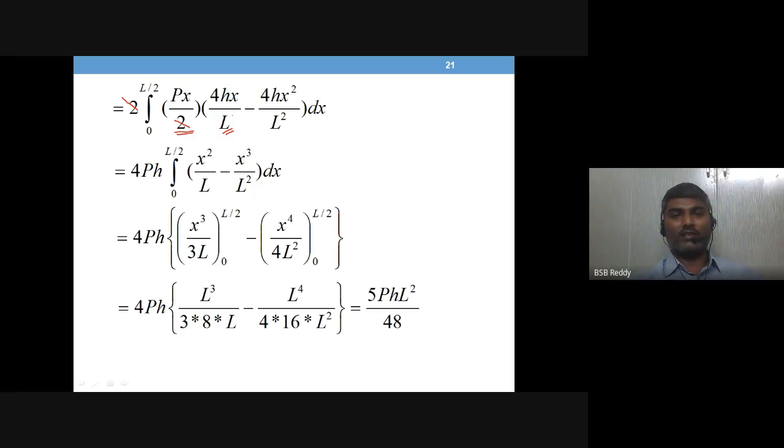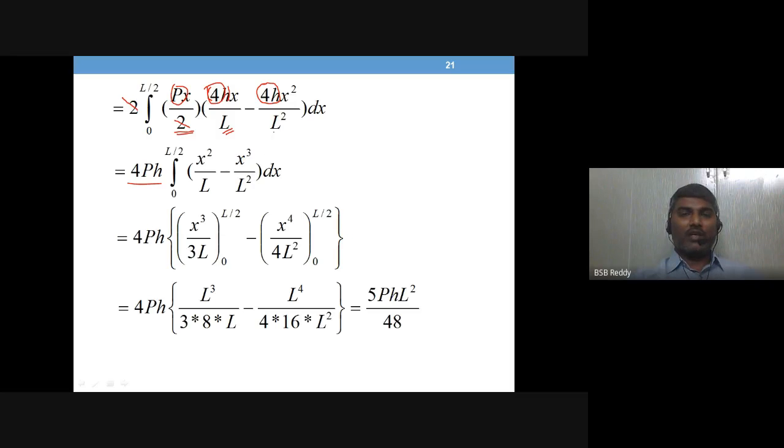Similarly 4h and P will come out of the integration. 4 is a constant, load is a constant, rise of the arch is a constant.